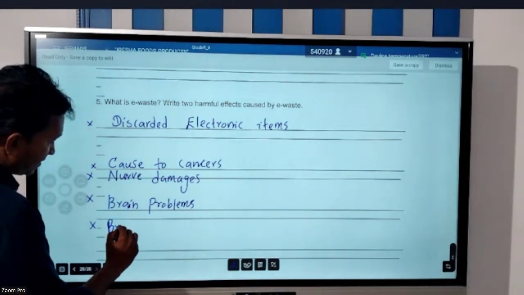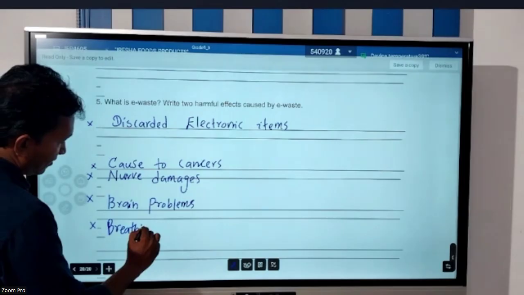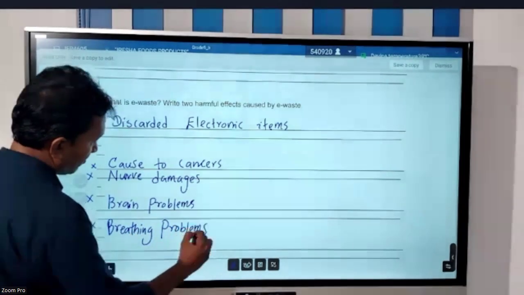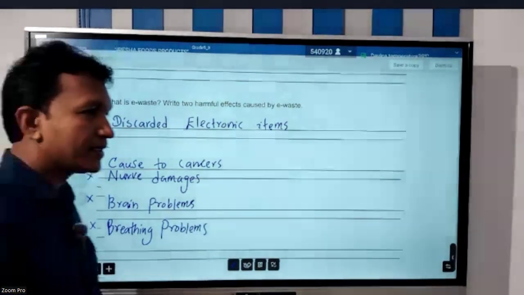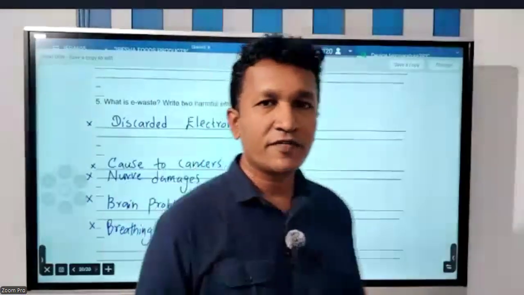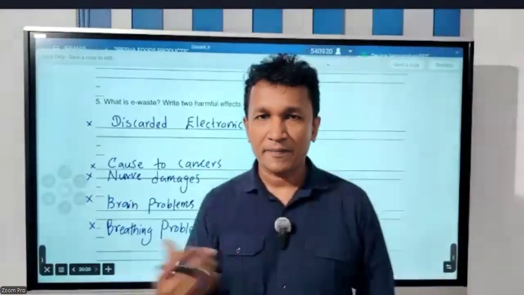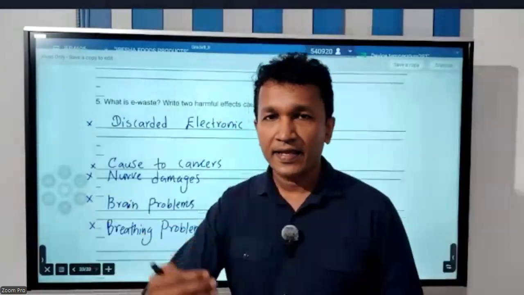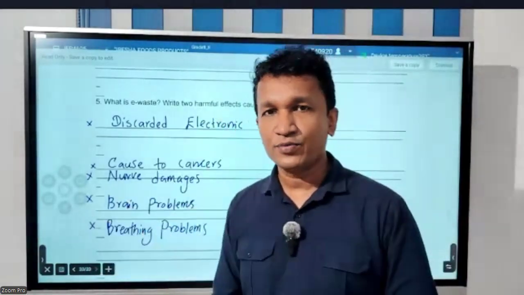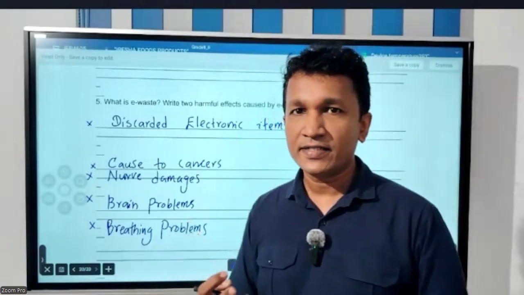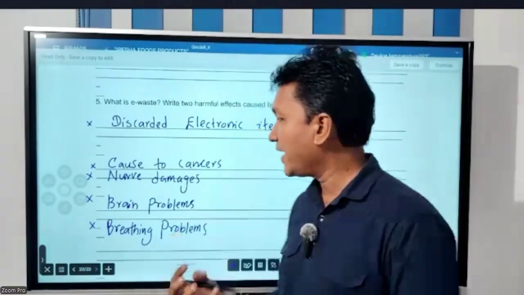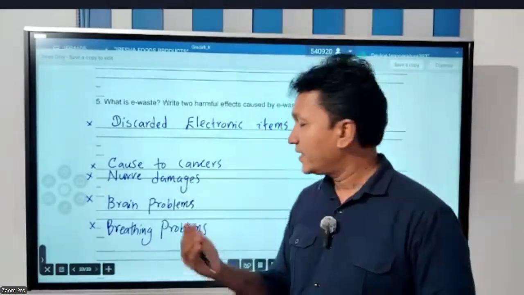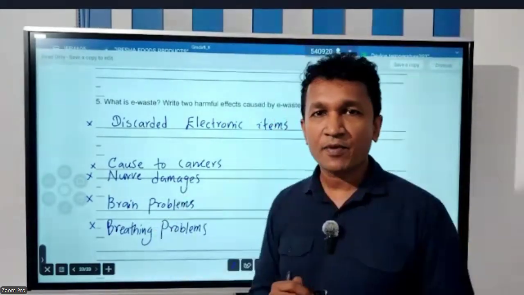Breathing problems. When we burn this electronic waste, let's say we burn them, poisonous gases can come from it. Poisonized air. So when we breathe that poisonized air, it will lead to some breathing problems.